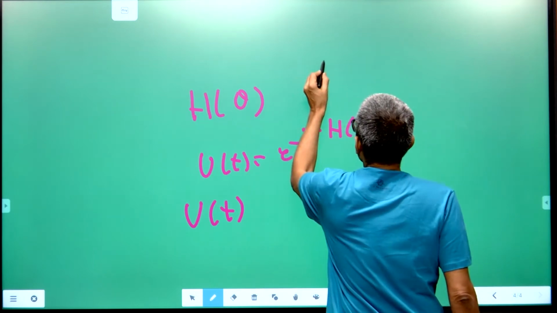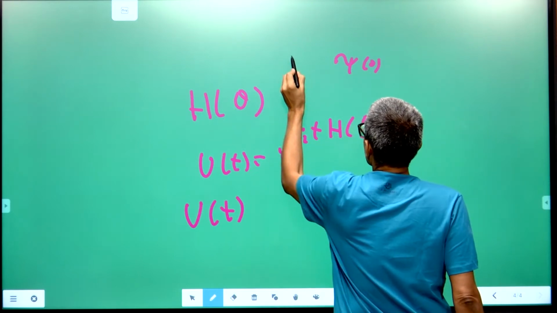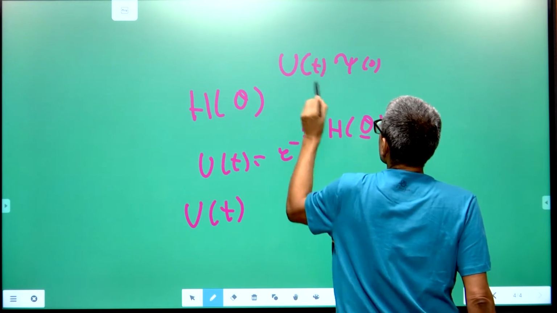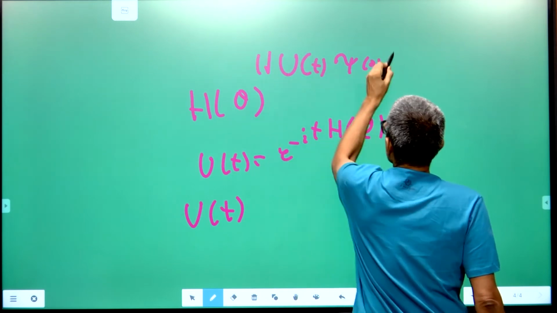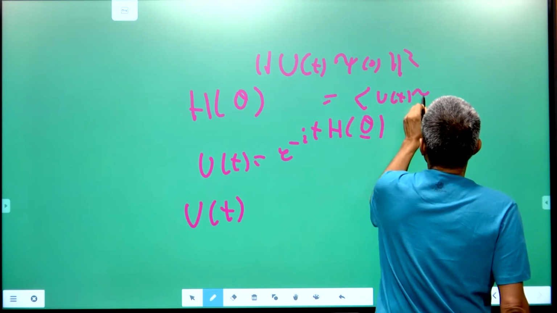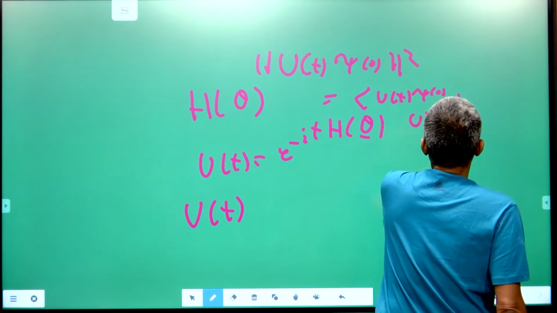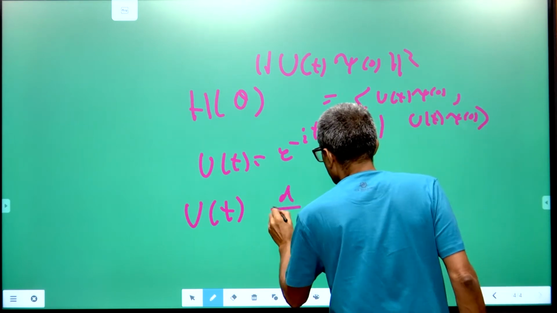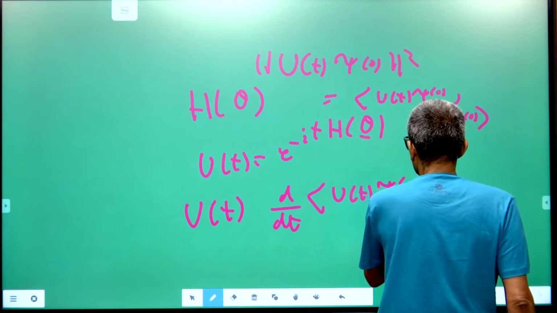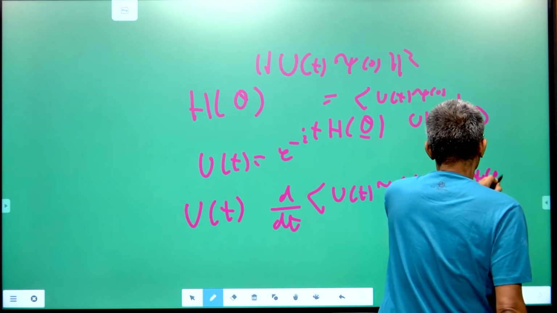You take any state vector psi 0 and take U t psi 0, and you compute the norm of this squared. So, the norm squared will be nothing but the inner product of U t psi 0 with U t psi 0, and if you take the time derivative of this quantity, what will you get?